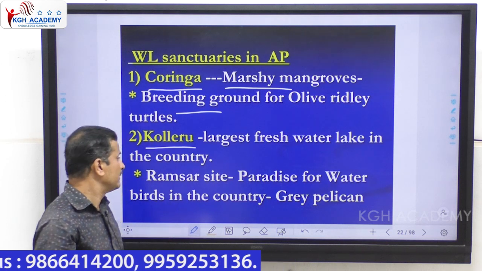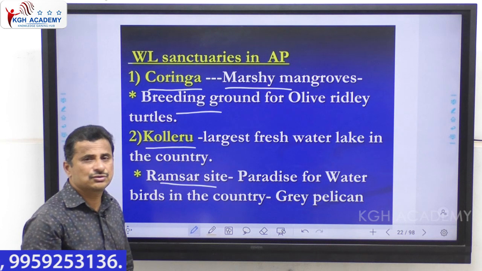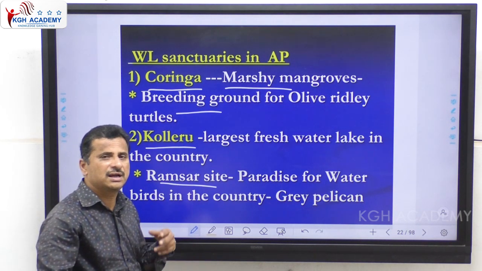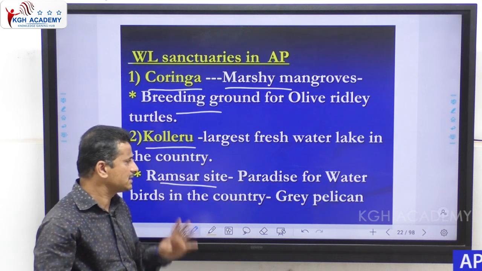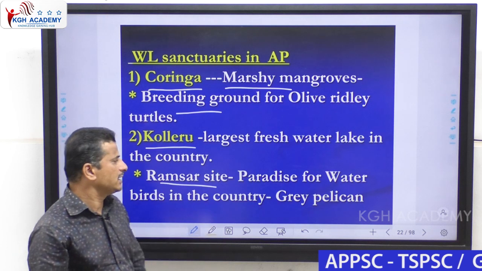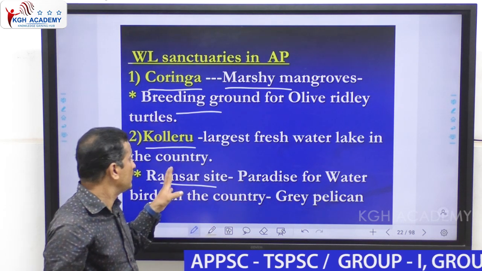This is a Ramsar site. Wetlands are also called Ramsar sites, named after the Ramsar Convention. This is a paradise for water birds in the country, particularly the grey pelican, famous in Kolleru lake.